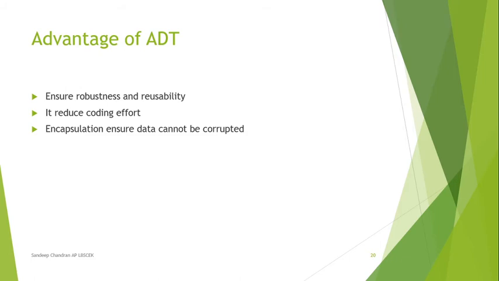The advantage of ADT is that it ensures robustness and reusability. We can reuse the components. If I implement an array data structure and somebody is using my code, they can easily know that if they call the insert function, they have to pass two arguments in order to call that function.